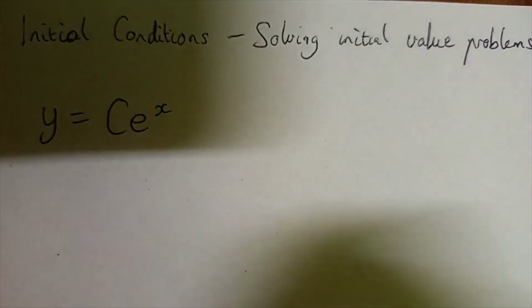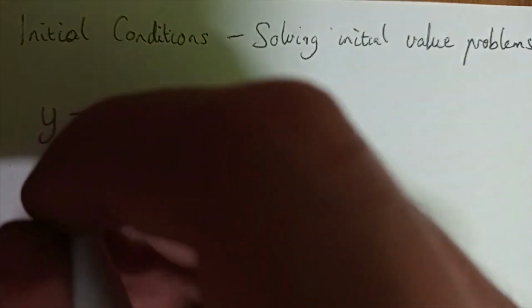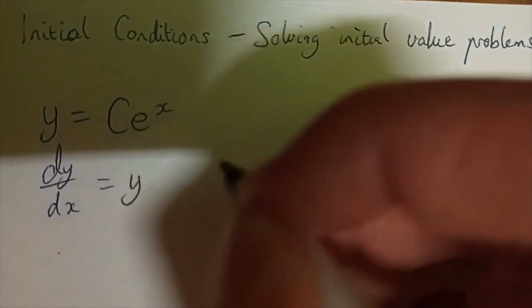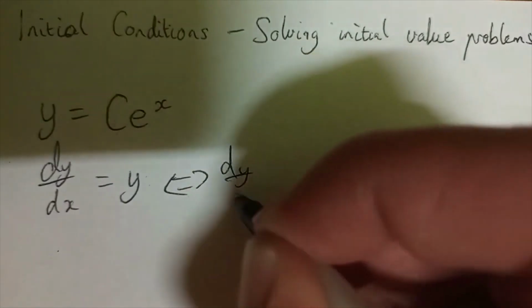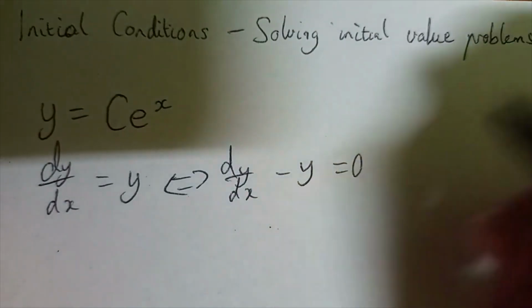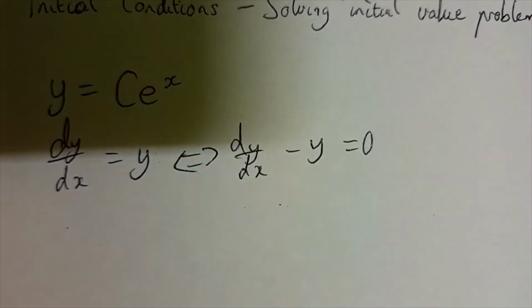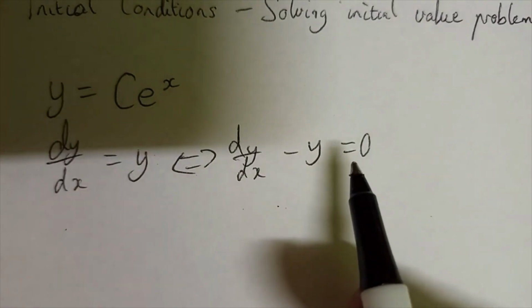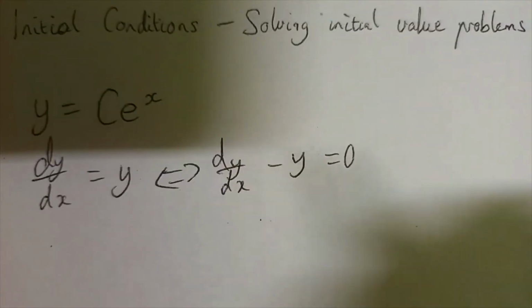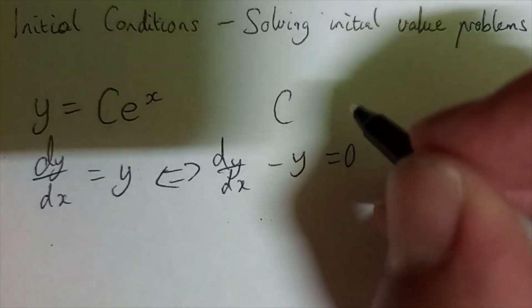This would of course be the solution to the differential equation dy/dx equals y, which is equivalent to dy/dx take y equals 0. If we only have the differential equation, we can only find the solution up to this constant. So c is some constant.